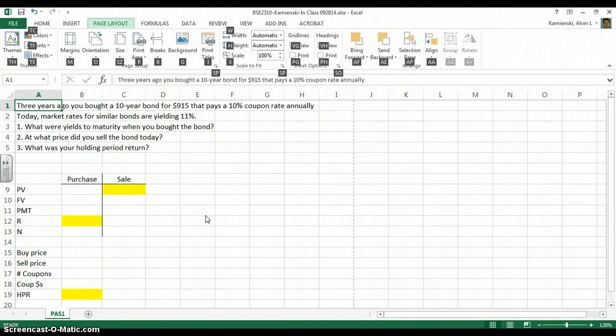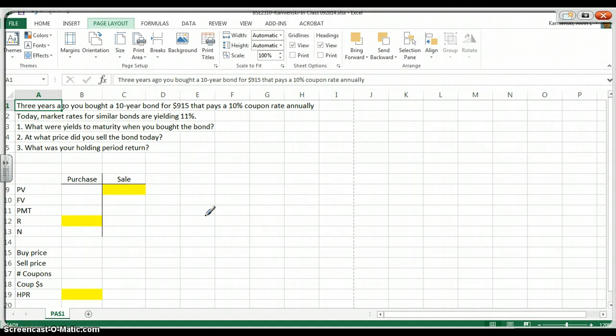So the nice thing about bonds is it reminds us the importance of drawing timelines. So let's go ahead and attack that first question by drawing a timeline that relates to when you were to purchase the bond.